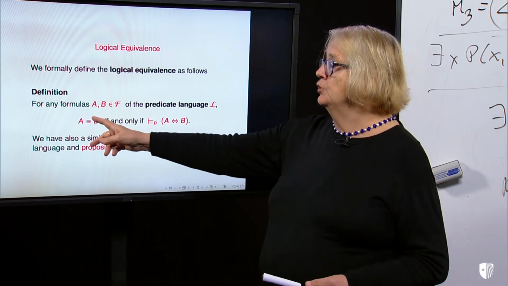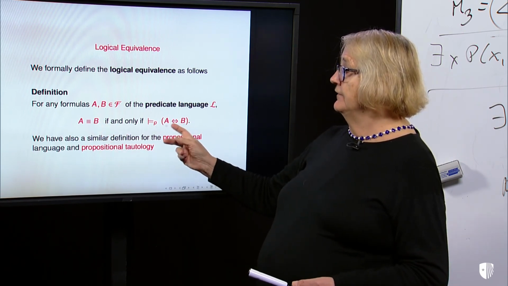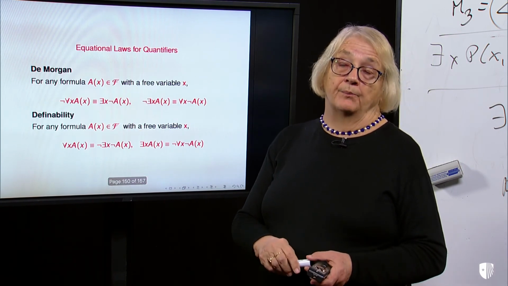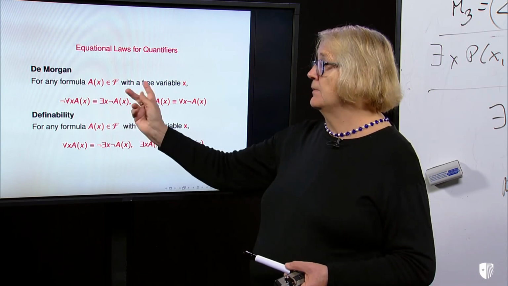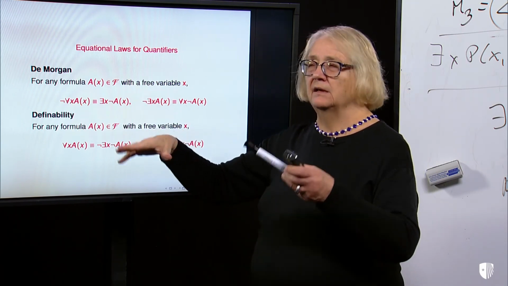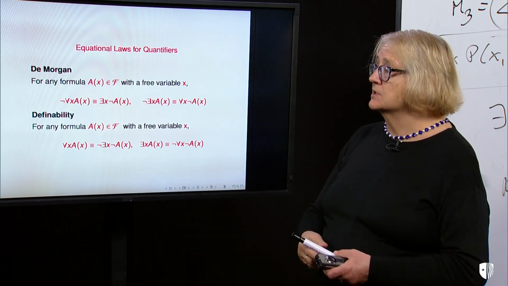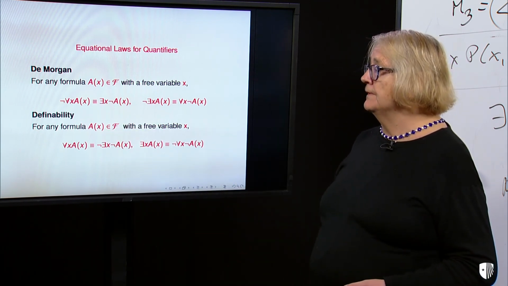We say that two formulas are logically equivalent if and only if A if and only if B is a predicate tautology. So you can write the De Morgan laws, instead of writing if and only if, using the logical equivalence. So the negation of universal is existential negation, and so on.